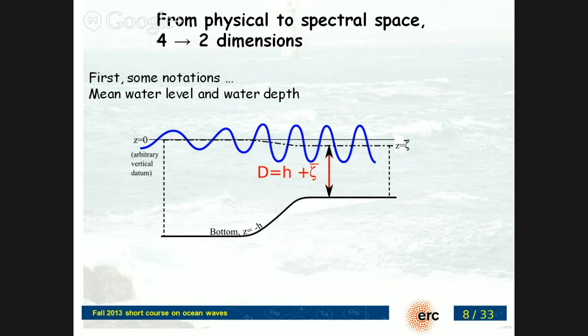And so the total mean water depth will be h, the distance between 0 and the bottom, plus the mean sea level. Here zeta bar is negative, so capital D is actually less than h. All right. These are small technicalities, but they will be important at some point. What's really important is that the waves don't care about what the arbitrary datum is. The waves only care about the physical depth, which is D. All right.